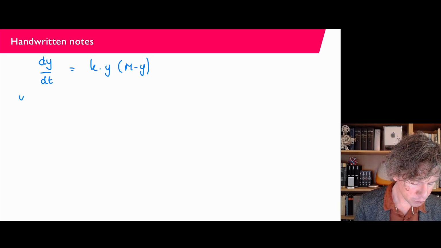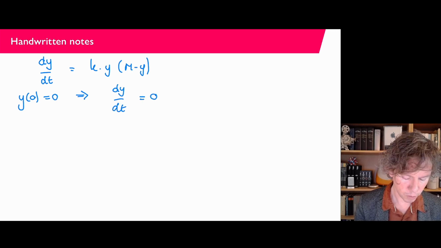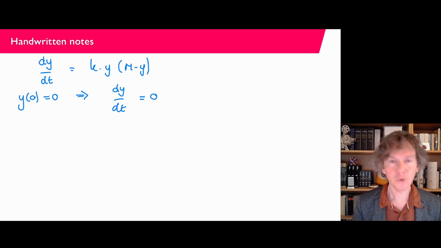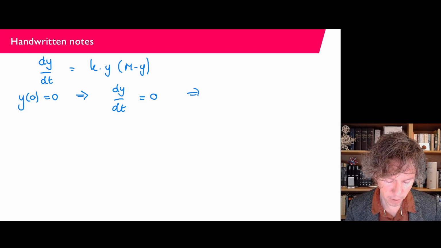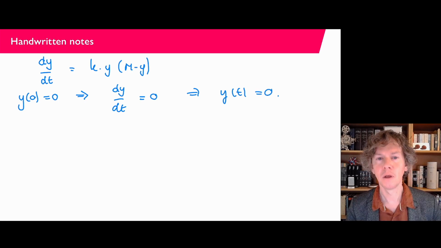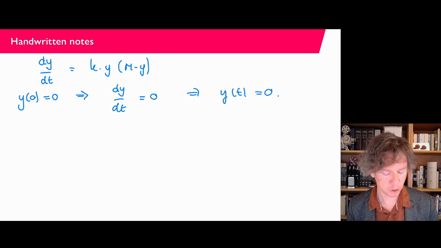So if you would start with y0 equals 0, then you see that dy dt equals 0. So it doesn't change, that's what it says, right? dy dt equals 0 means that y itself is constant. So then we have that y of t remains 0. And of course that makes sense. If you start with a 0 population size, it remains 0.